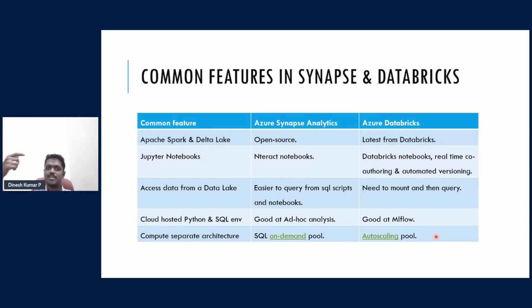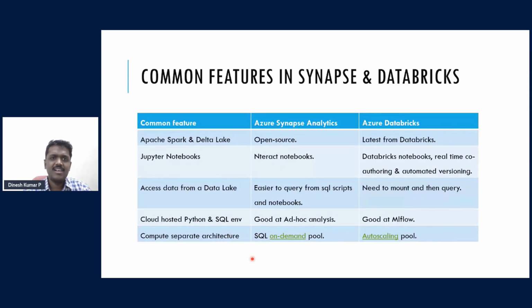Don't go beyond the maximum, or go too far below the minimum; just play within that infra. With the SQL on-demand pool, you don't need to worry about the infra at all. Based on the query being submitted, the infra will automatically scale up. So that's about the common features in Synapse and Databricks.